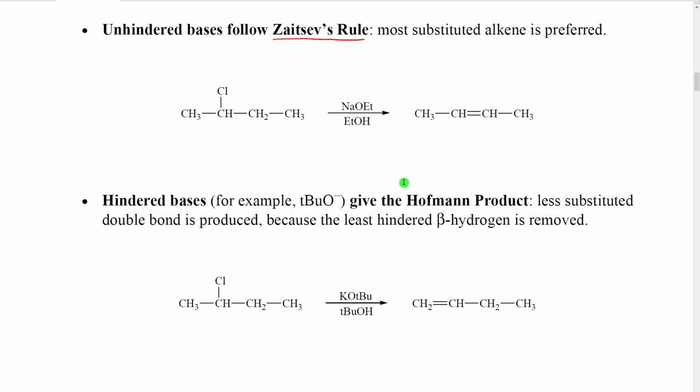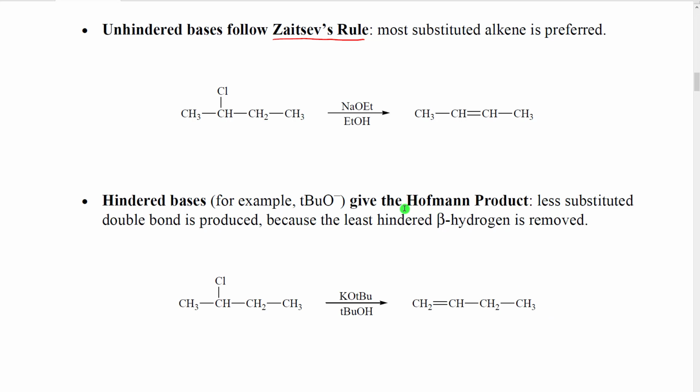It turns out that in that case, the base has a hard time reaching in to the more substituted beta carbon, which would give the more substituted product. So instead, it grabs a more accessible hydrogen from near the outside. That's generally going to be off of a less substituted beta, and that is going to create the less substituted double bond as the preferred product.